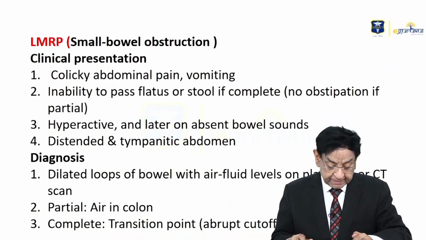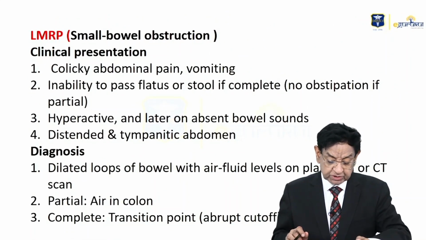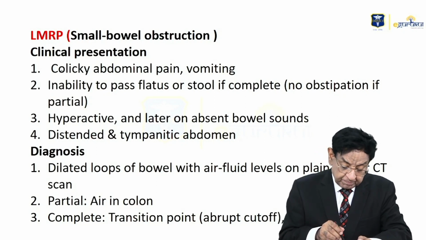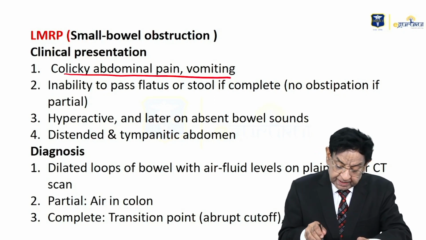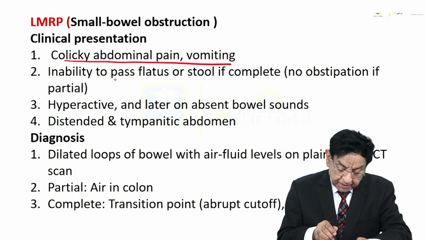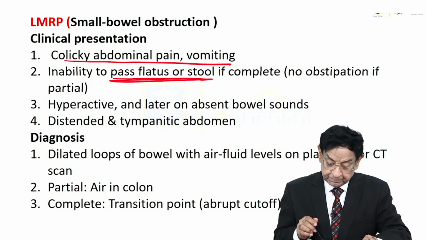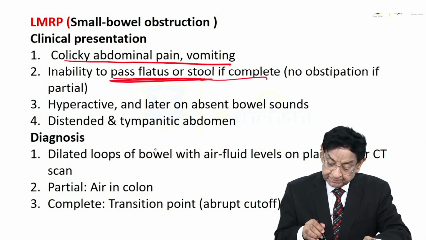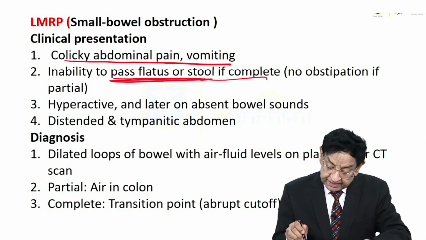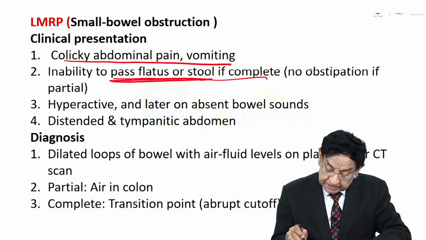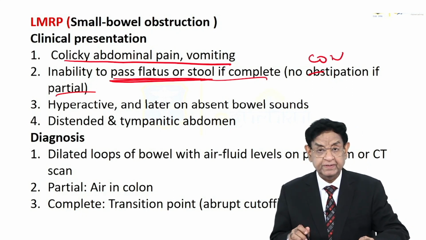So a quick recap, last minute revision points about small bowel obstruction. The clinical features: colicky abdominal pain, vomiting, inability to pass flatus and stool. Very, very important clue that happened in our case also. If it is complete obstruction, there is constipation; no constipation if it's partial.